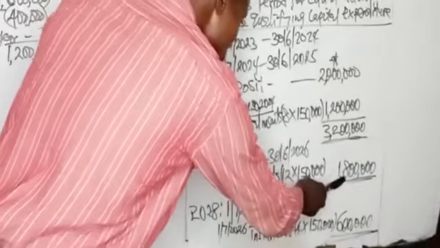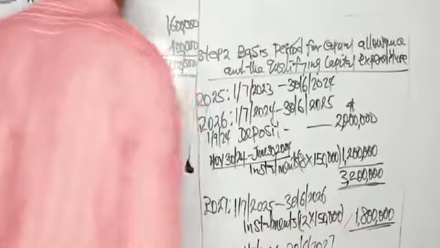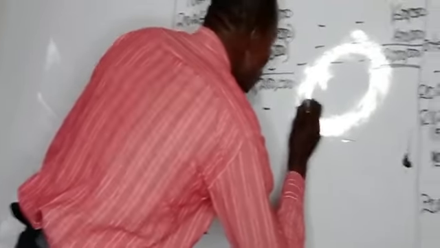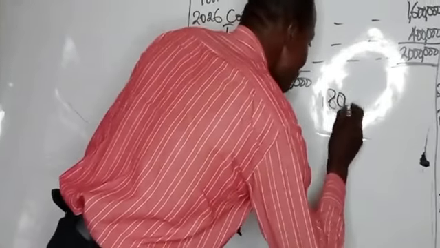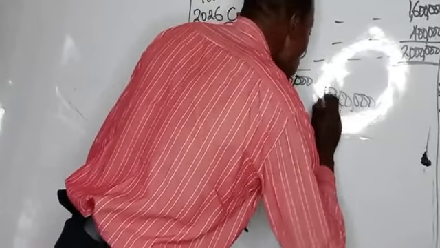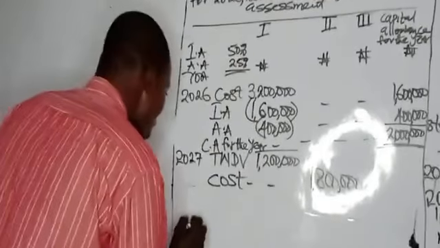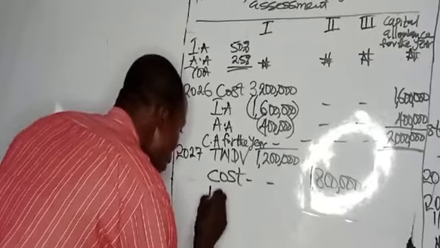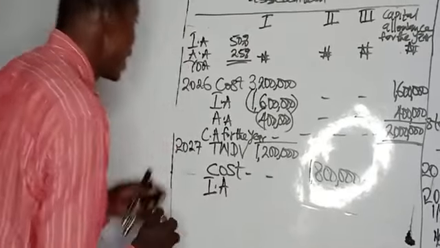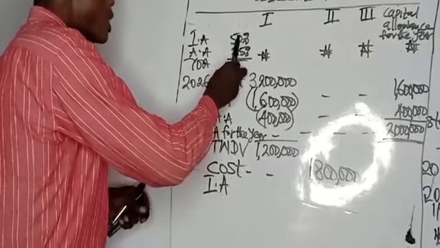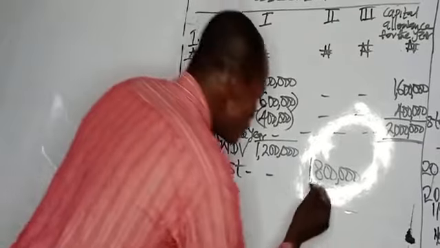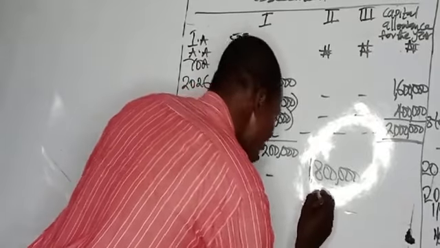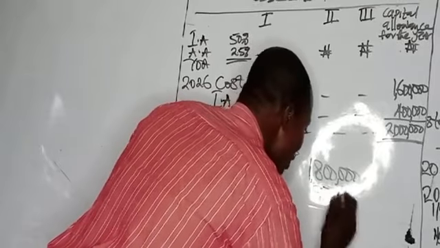In 2027, 1.8 million qualifies. On this newly qualified asset, we are going to claim the initial allowance. Remember, our initial allowance rate is 50%. 50% of 1.8 million gives us 900,000.